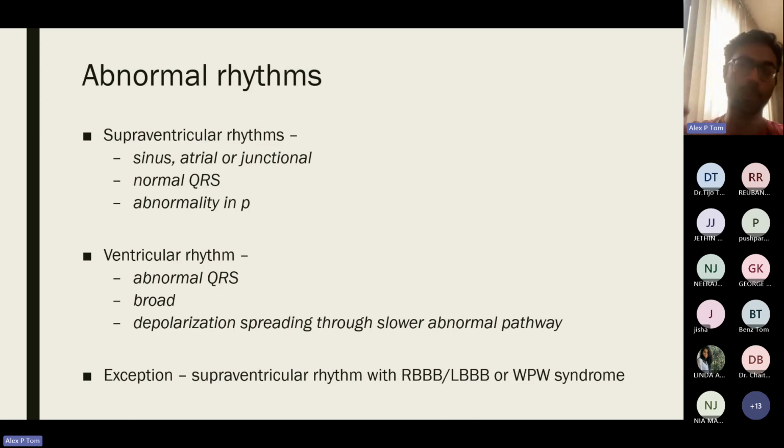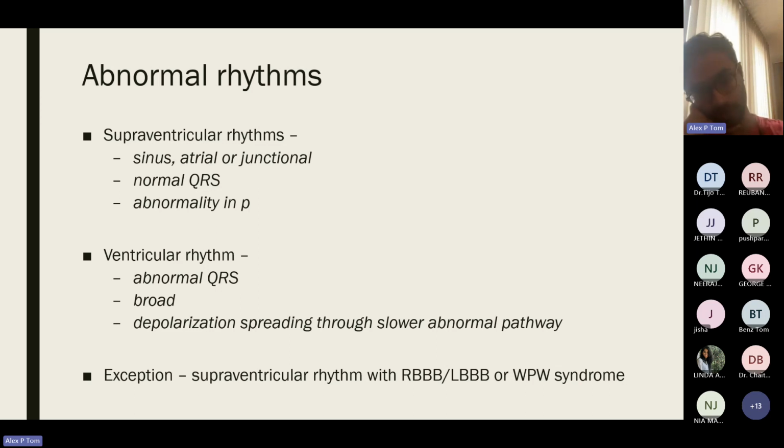If the depolarization of the ventricles is happening through any abnormal pathway, something different from this, it would always be a broad or abnormal QRS complex.